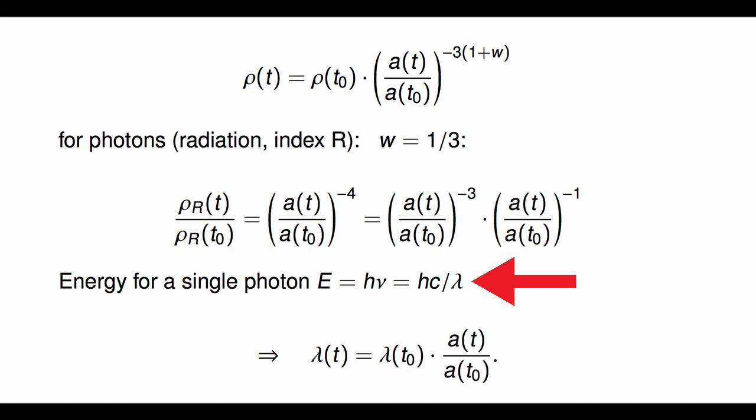Or if we want to use the wavelength, it's hc over lambda, the wavelength. So if the total density derived from the energy density of the photons changes in this way, it must be that the wavelength of each single photon is getting longer in an expanding universe in this way.